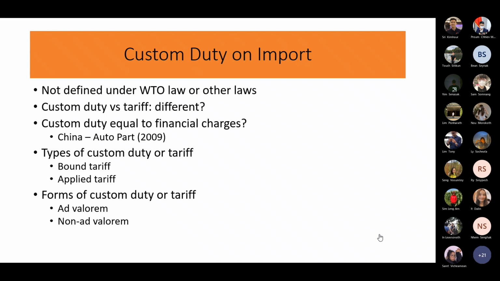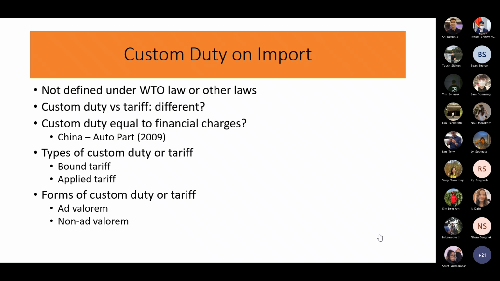But when China applied what we call a financial charge, the EU, Canada, and the US accused China of applying custom duty, because they believe that a financial charge is also part of custom duty or tariff. That is why we got a case, and you will see whether the panel or the appellate body will favor China's position or the position of the EU, Canada, and the US. I'm going to explain in the next point.